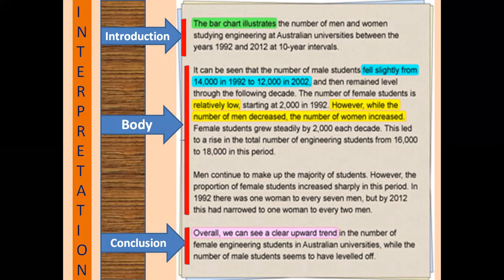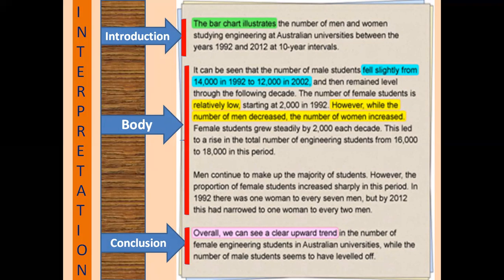Now in the body, we will see that it can be seen that the number of male students fell slightly, meaning very lightly, from 14,000 in 1992 to 12,000 in 2002. Here we have been given the detail of what? The number of male students only from 1992 to 2002, and then remained level through the following decades.